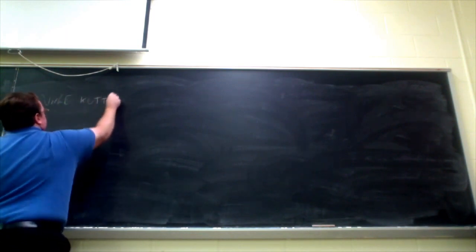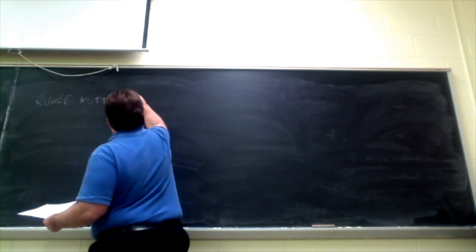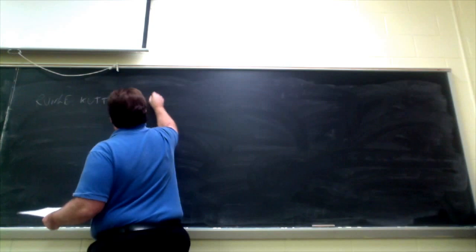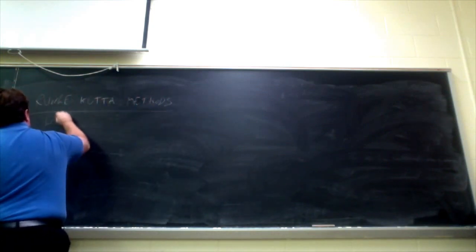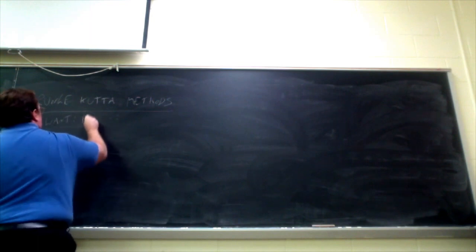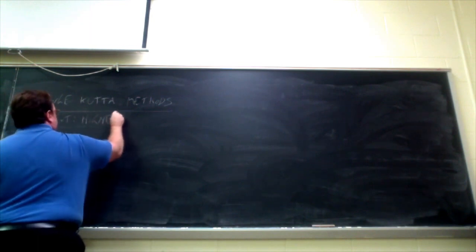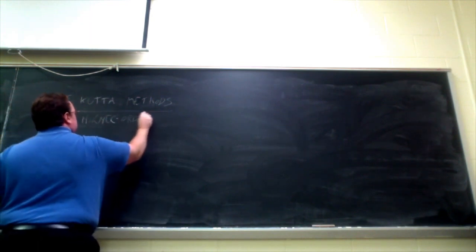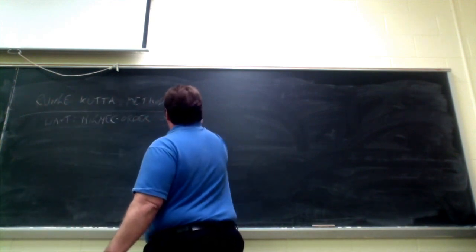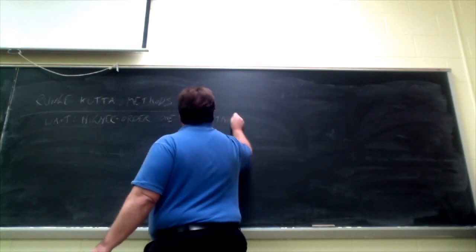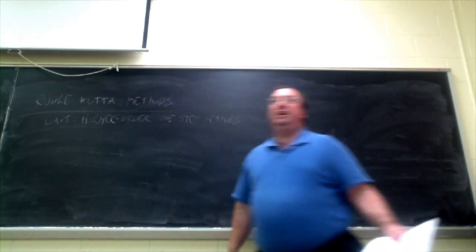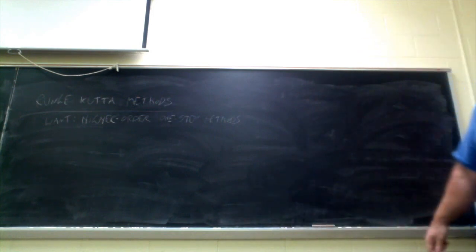We've heard of Runge before because of Runge's example from polynomial interpolation. The idea behind Runge-Kutta methods is that we want higher order one-step methods. As we've seen, Euler's method, forward and backward, are both first order.